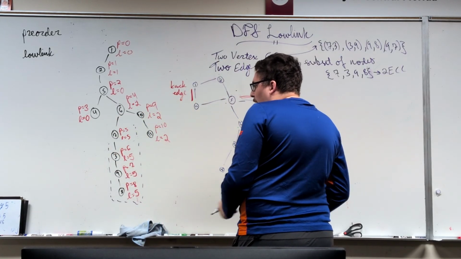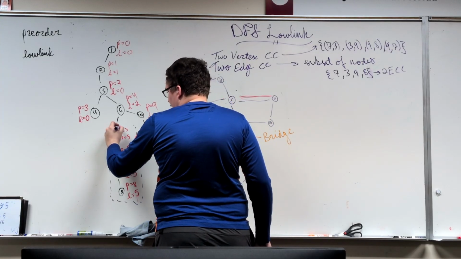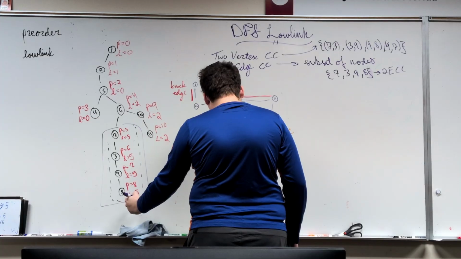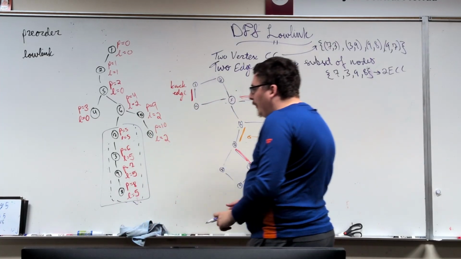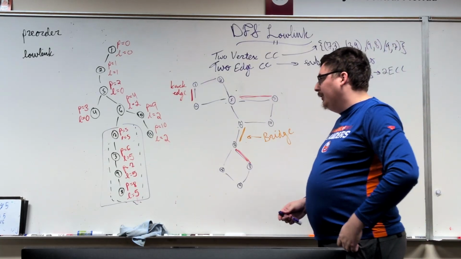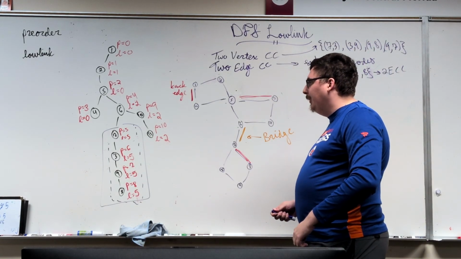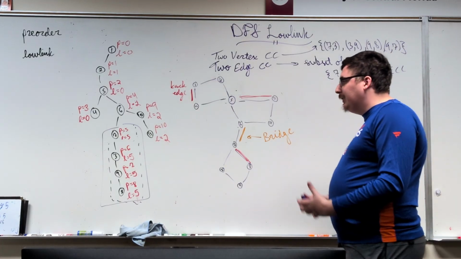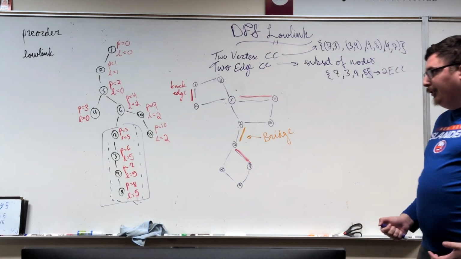Therefore, all of these edges we have seen in this subtree, including the back edge from 8 to 7, form a 2 edge connected component, or all these nodes form our 2 edge connected component.